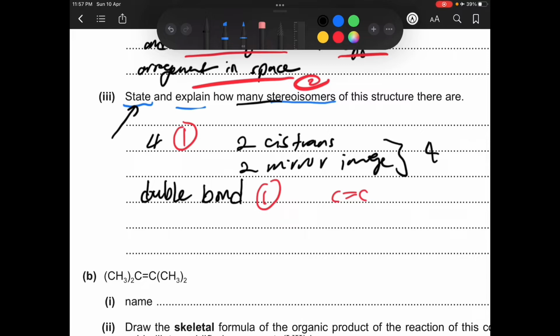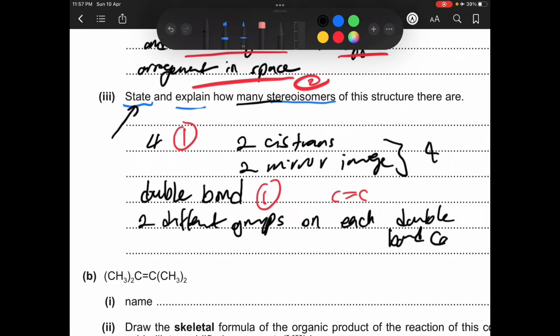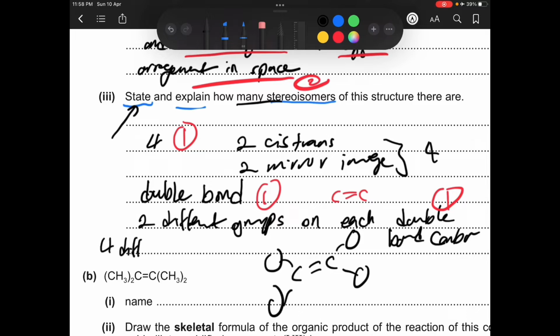For the third mark, you have to say you have 2 different groups on each double bond carbon. And for the chiral centers, you have to say you have 4 different groups bonded to carbon, and that's why you will have optical isomers.